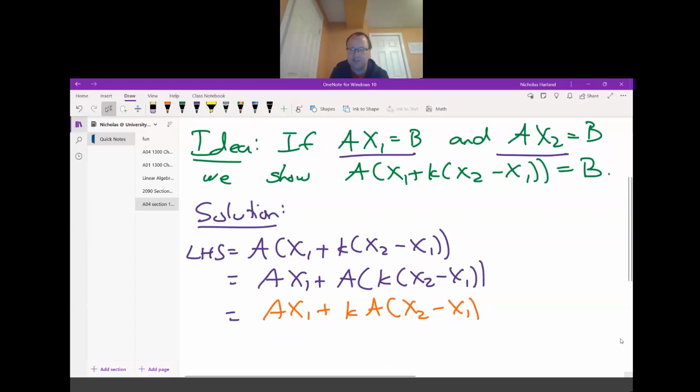Wait a second, that changes the order. Are we allowed to just change the order? Right, k is a constant. Because it's a constant, we can factor it out. If k was a matrix, we couldn't. Although if k was a matrix, we'd have bigger problems of whether things were defined. But since k is a constant, yes, that can be factored out. And somebody said distribute the a again. Definitely can do that. And so that's ax2 minus ax1, using the distributive property again.